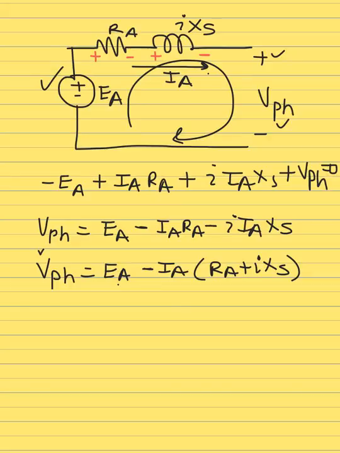But this is a single phase equation, keep in mind. RA and XS are the armature winding resistance and armature winding reactance.